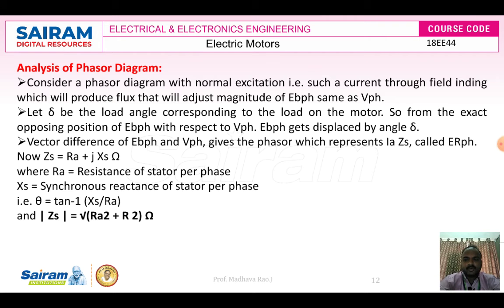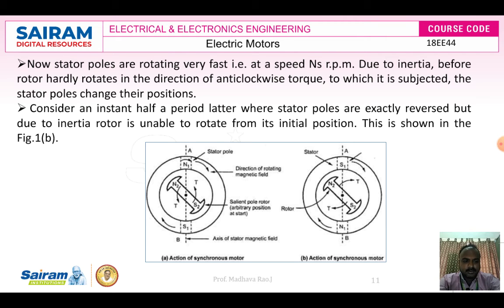So due to the magnetic attraction of unlike poles, this synchronous motor is not self-starting. We have to provide DC supply to the rotor winding. Excitation is required, and without excitation the synchronous motor will not start.